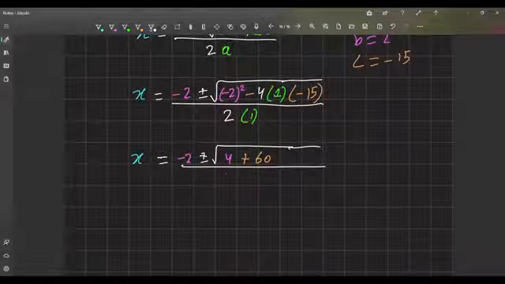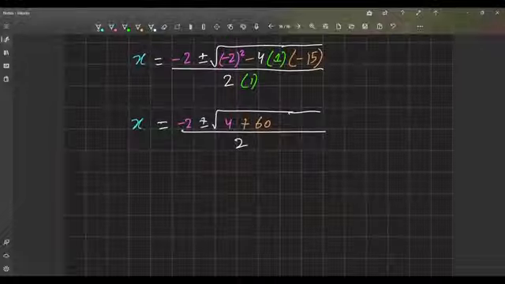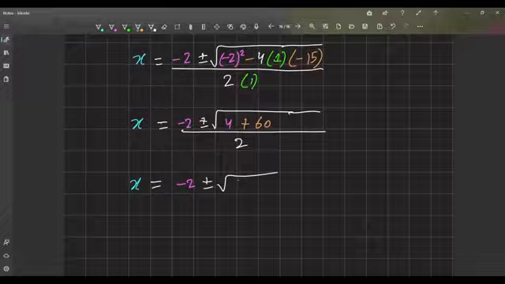Now in the next step, I can see that x is equal to negative 2 plus minus under root 64, and all of this is being divided by 2.